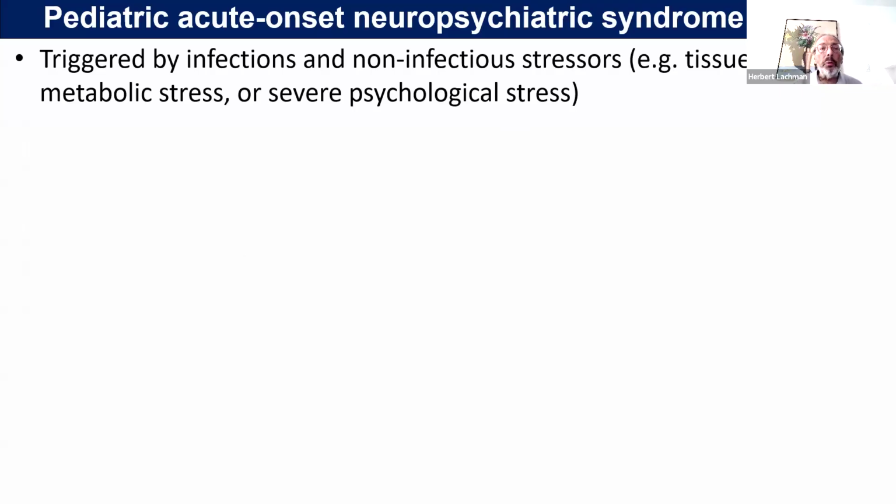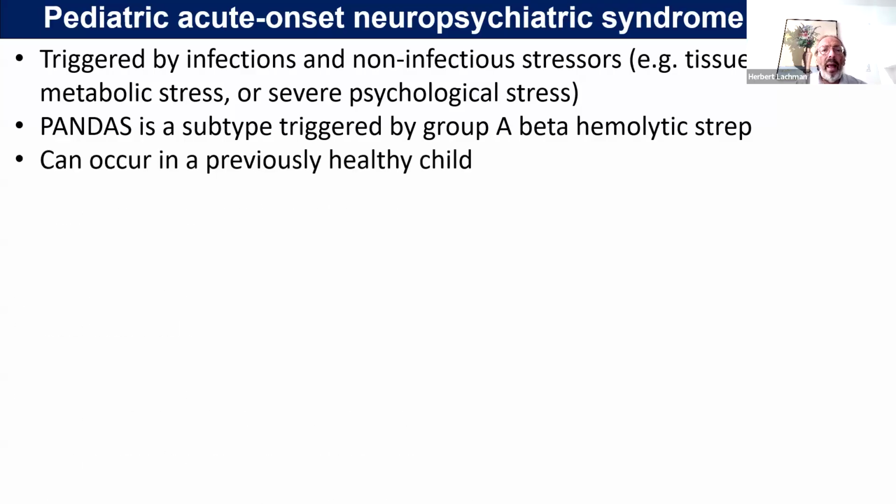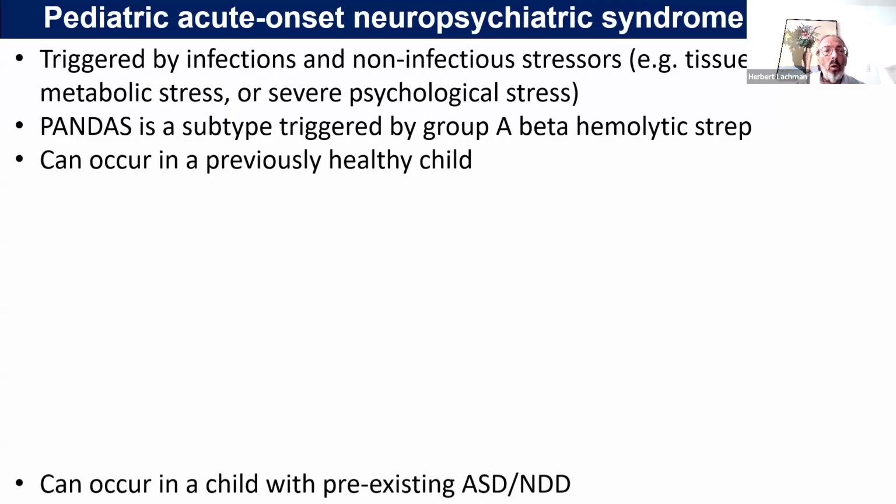So PANS episodes are triggered by infections or non-infectious stressors, like metabolic stress, and a very unique subtype of PANS is PANDAS, which is triggered by group A beta hemolytic strep. This is characterized more by OCD and tics. And it can occur in a kid that has no history at all.